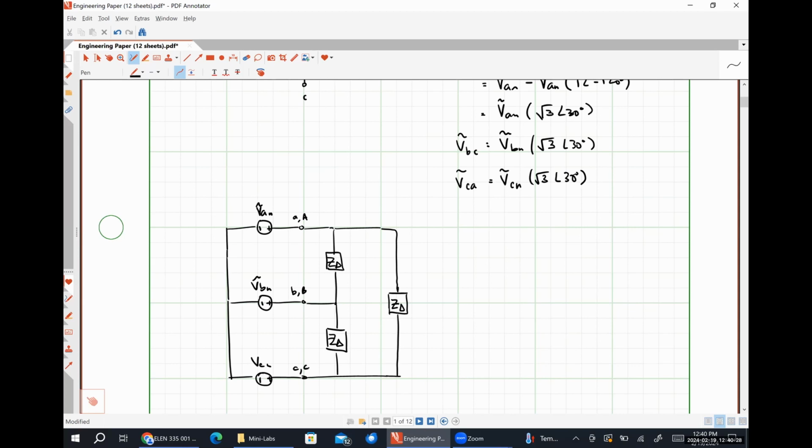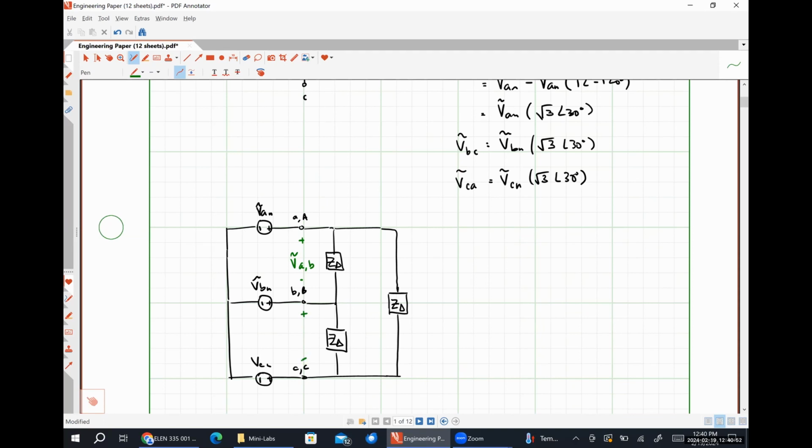So the voltage seen by that delta connected load would be our line to line voltages, right? So the voltage drop across the A phase of my delta connected load would be this voltage VAB.